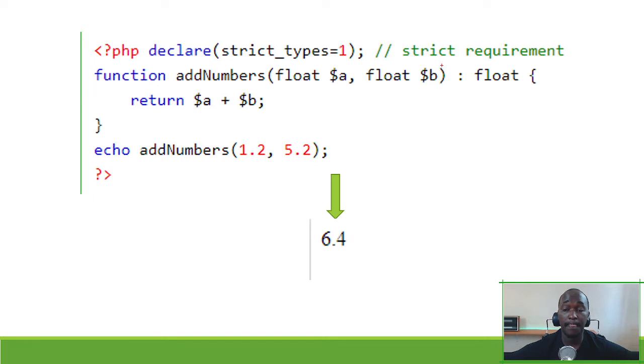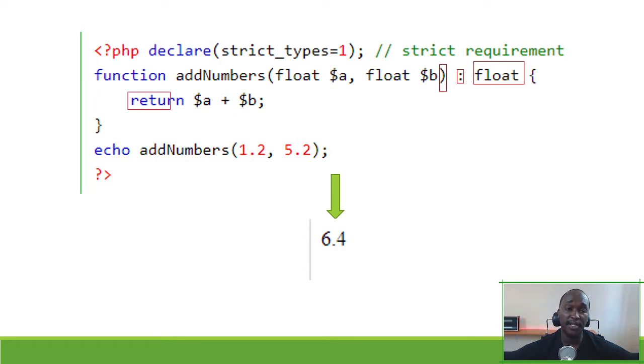After the closing parenthesis of the parameters, you use a colon, then you specify the data type of the returned value. So here in this example, the returned value is going to be a float.